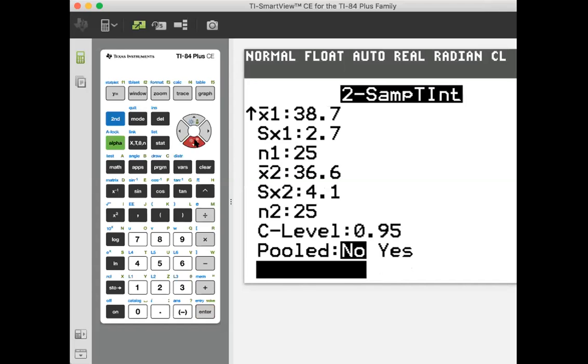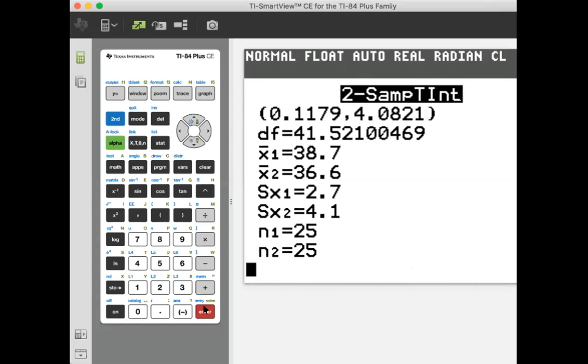And we go down to calculate, and we get a confidence interval that goes from 0.118 up to 4.082, and those are both positive. If they're both positive, that means that it does not contain 0, which means we are going to reject the null hypothesis that the difference is 0. Okay, so that would be our decision.